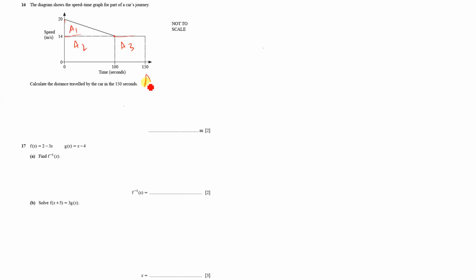So A1 is equal to, this is 6 and this is 100. So this is a triangular shape. The area is 1 over 2 times base, base is 100, times height, height is 6. So this is equal to 300. A2 is the area of a rectangle, and this side is 100 and this side is 14.